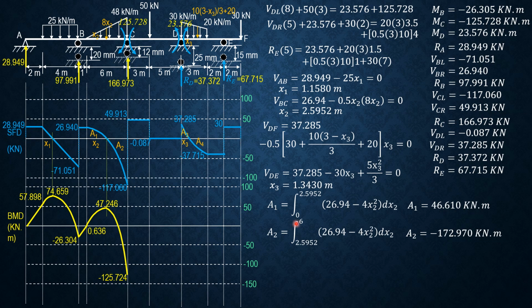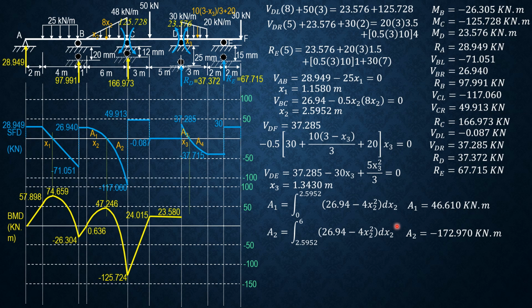Then we need to evaluate area 1. So area 1 is the integral of this shear BC, which is 26.94 minus 4x2 square, from 0 to 6. So area 1, integral from 0 to 2.5952, rather, 0 to x2. Then shear equation for BC, 26.94 minus 4x2 square dx2.